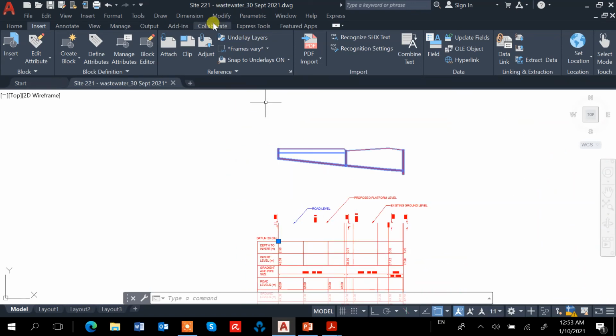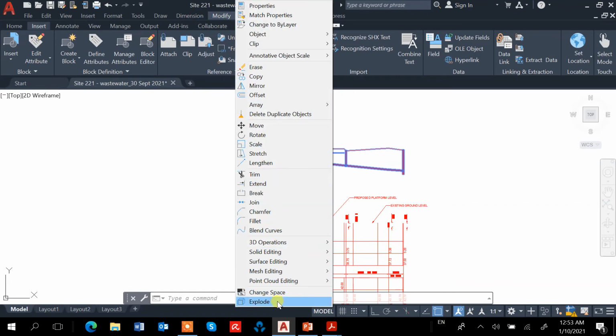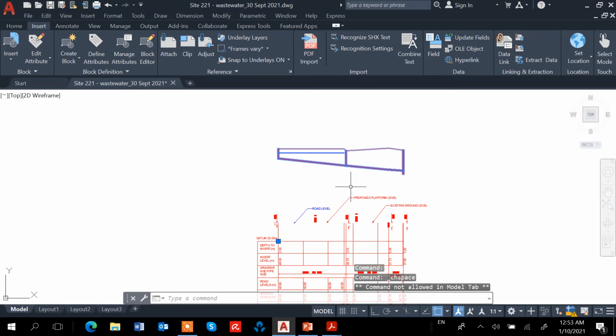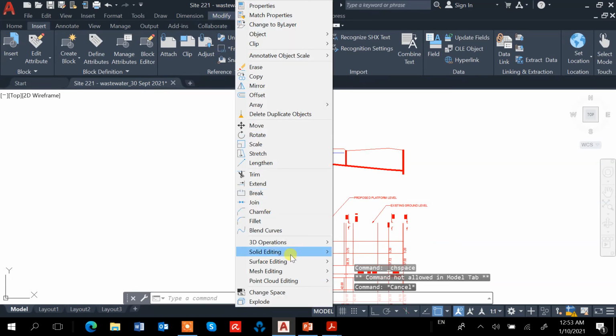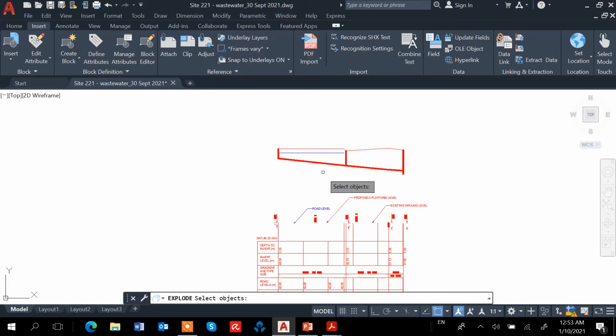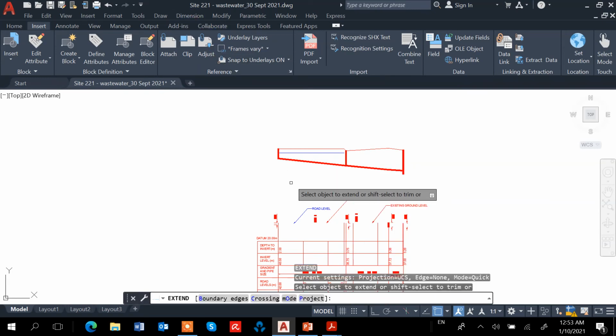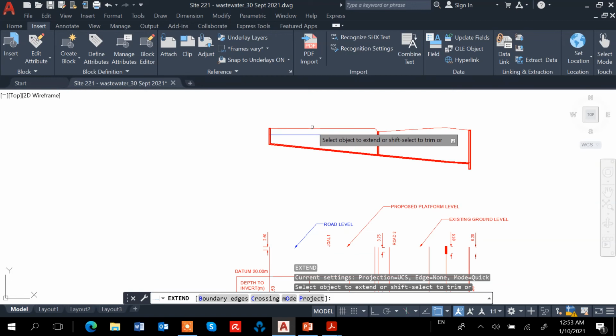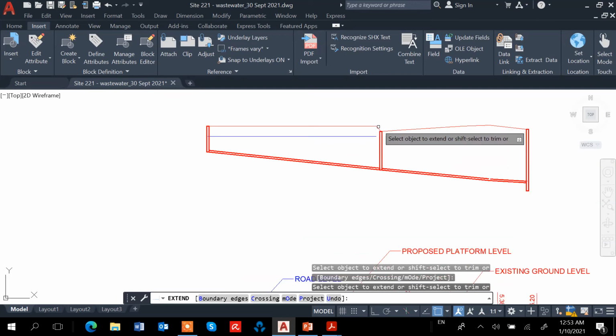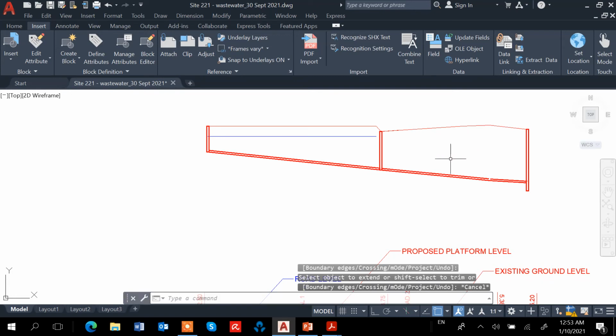So I need to explode it so that I can extend the lines. Explode, enter. So these are separate lines. So I just extend, and I want to extend to the top here. Let me see. Extend.